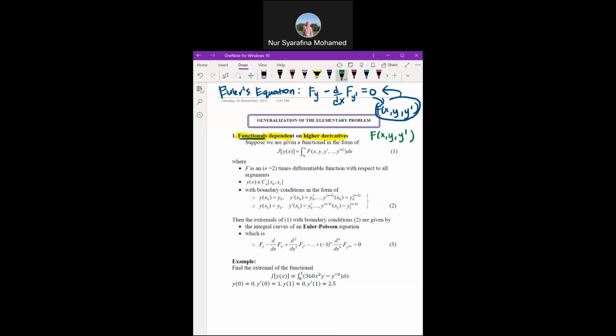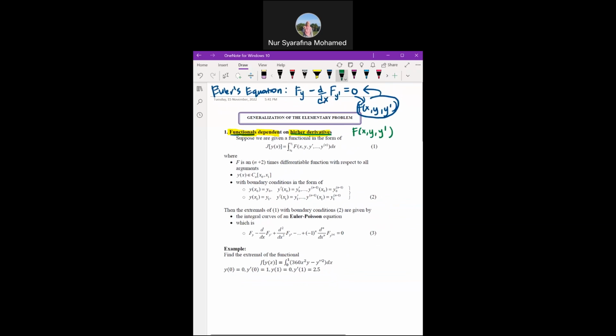In terms of higher derivative here, now suppose we are given a functional J in the form of f, x, y, y prime until y^(n). Previously, we stopped at f, x, y, y prime.